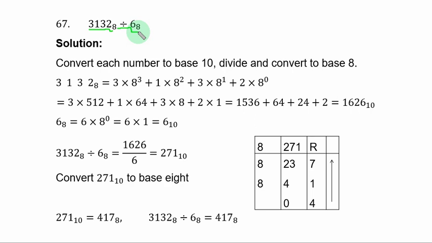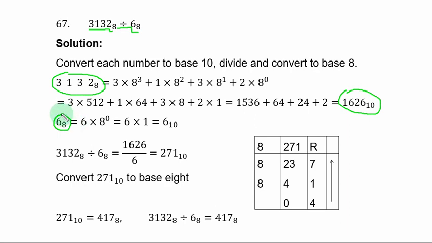You carry out the division operation and you convert the answer in base 10 to base 8, the given base in this example. So you convert this to base 10. Following the teachings in lesson 2, you have 1626 base 10.